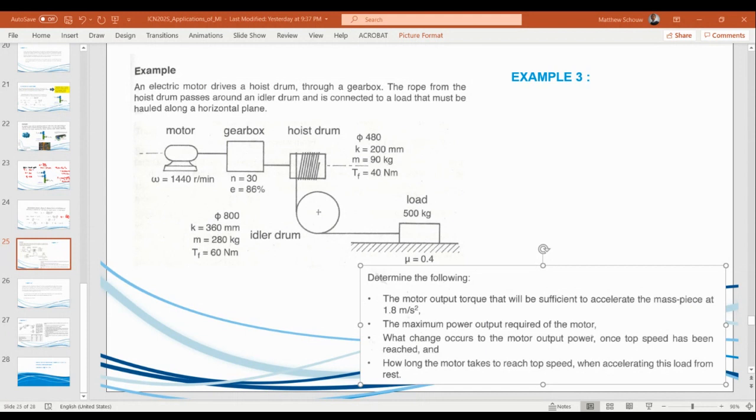So the movement is going this way, just in case normally the movement will be given to you, right? So the question is, what you want to find is the motor output torque. So you want to find this guy here, T out, right? That's the output torque. Am I correct? Yeah. So you want to find to accelerate it at that particular acceleration.